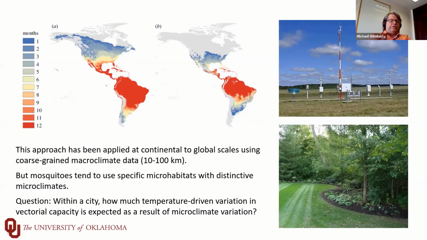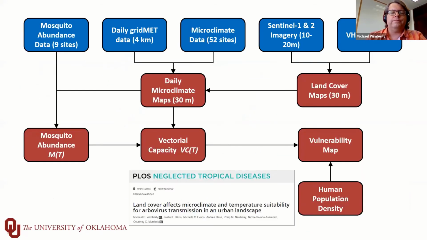So we were interested in the question: if we look in a city and we look at variation in the microclimates of that city, how important is that? Does it make a difference? What we did, and this is published in this PLOS Neglected Tropical Diseases paper, is that we had data on mosquito abundance.